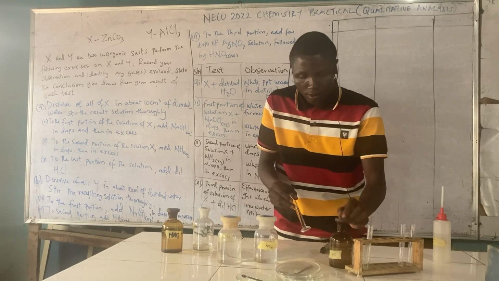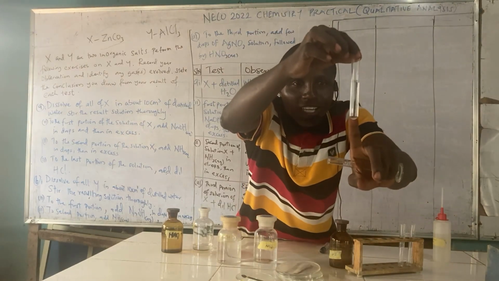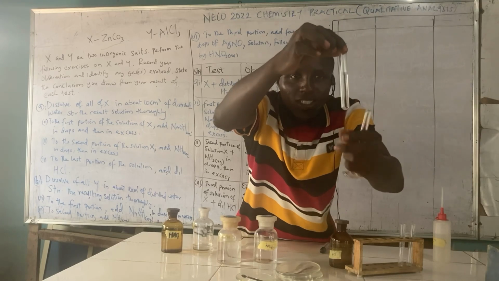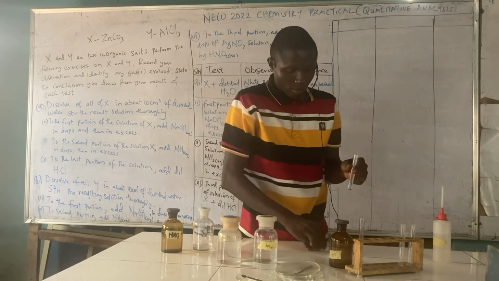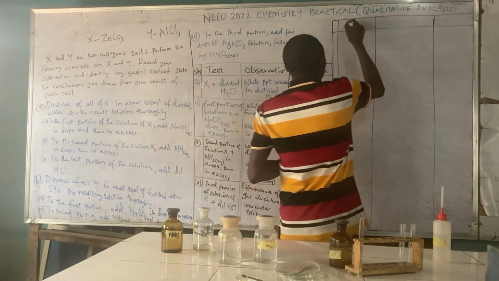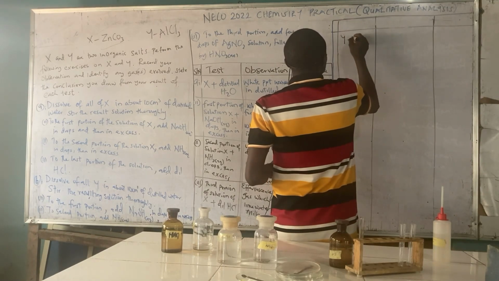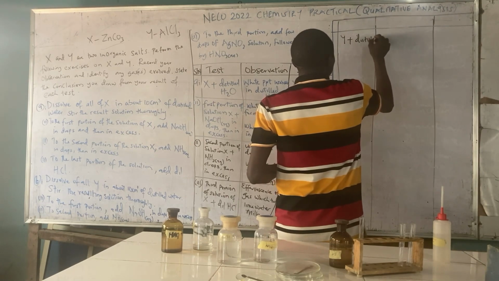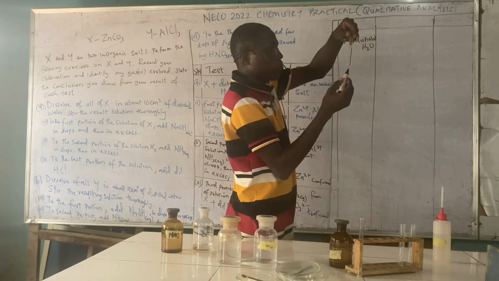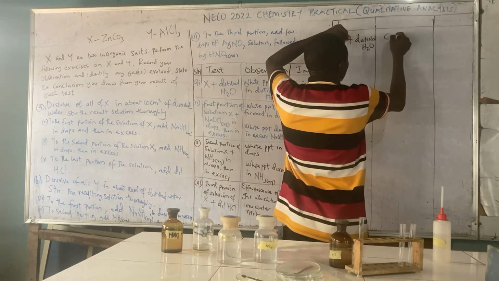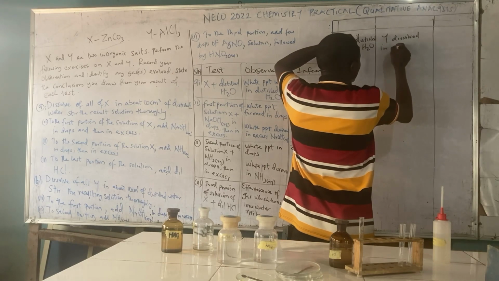So now you can see there's an oily something here, a gelatinous colorless precipitate, before it dissolves completely. This is Y plus distilled water, and the observation is that you can see Y dissolved completely in distilled water.